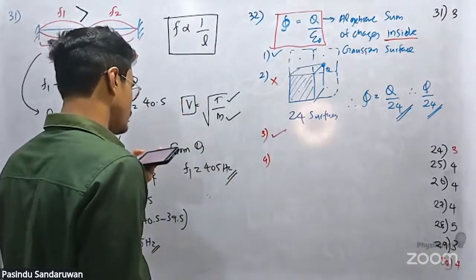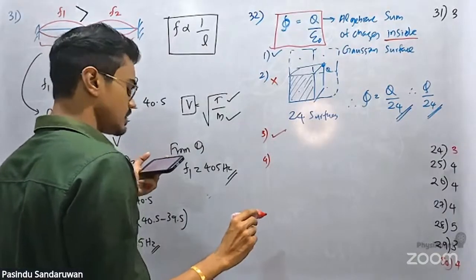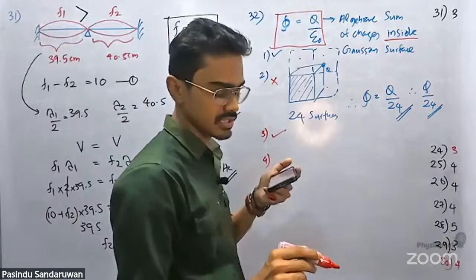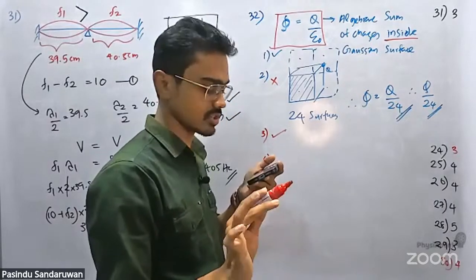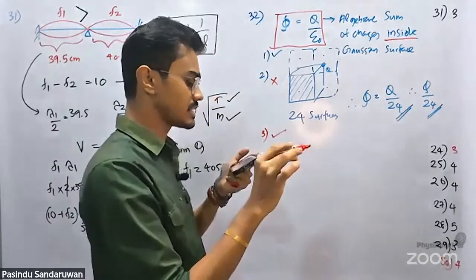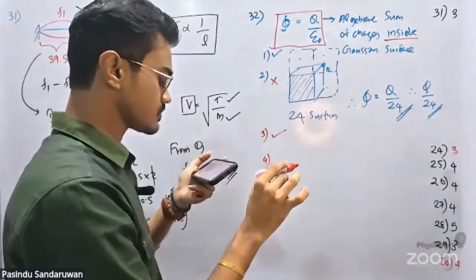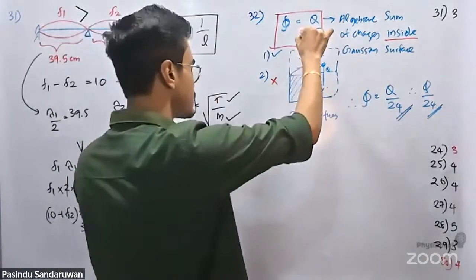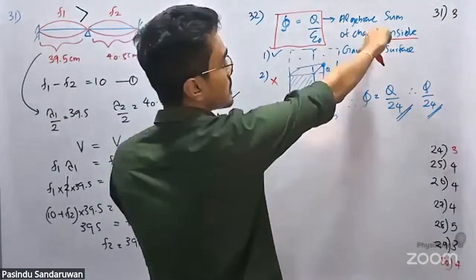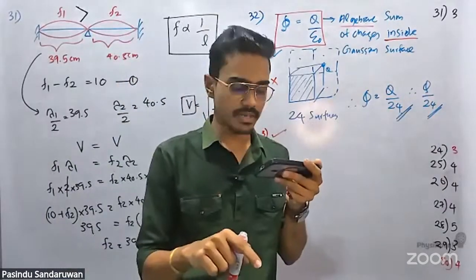The net flux through the surface is not changed when minus 2q is kept. It should be minus 2q charge. Sorry about that. Minus 2q charge is kept in addition to the plus q charge inside the cube. Then algebraic sum: minus 2q plus q is minus q again.